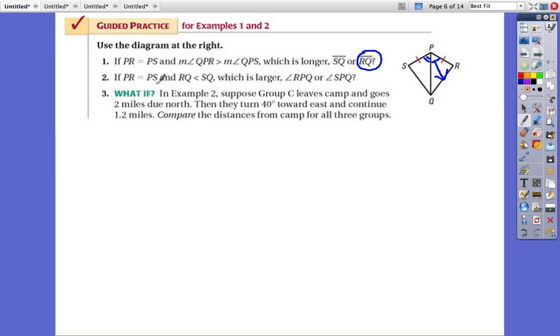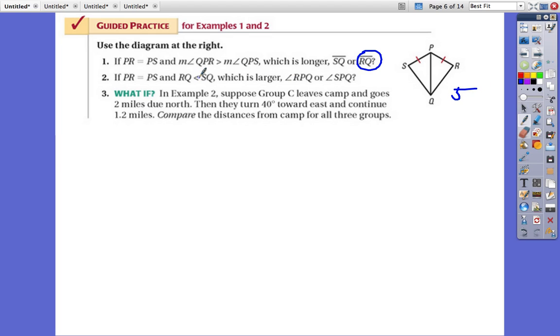If PR is equal to PS and RQ is less than SQ, so let's erase this because we have a different scenario. RQ is less than SQ. Which is larger, angle RPQ or SPQ? Well, let's put some numbers. Let's say RQ is 5.